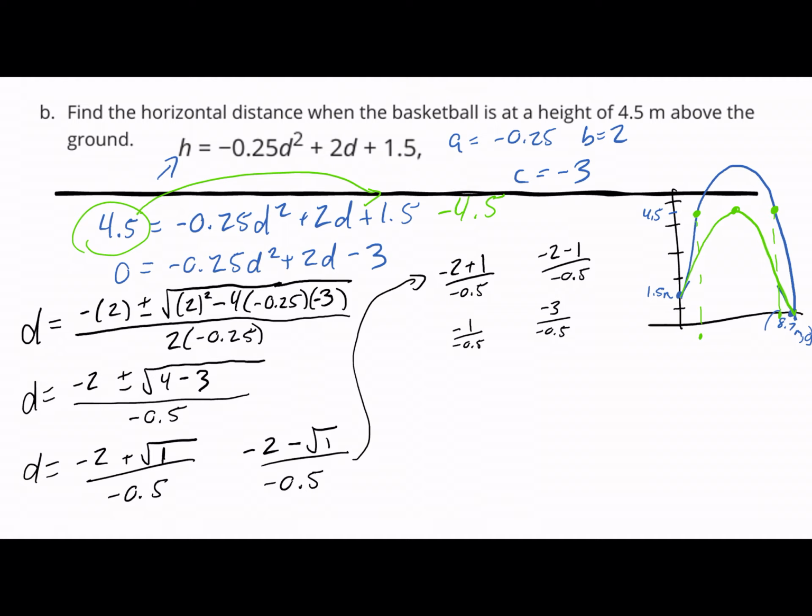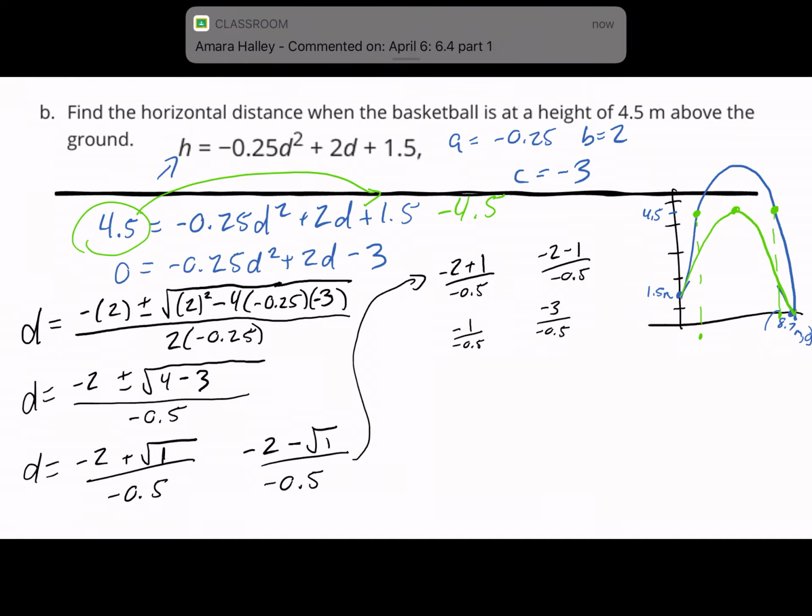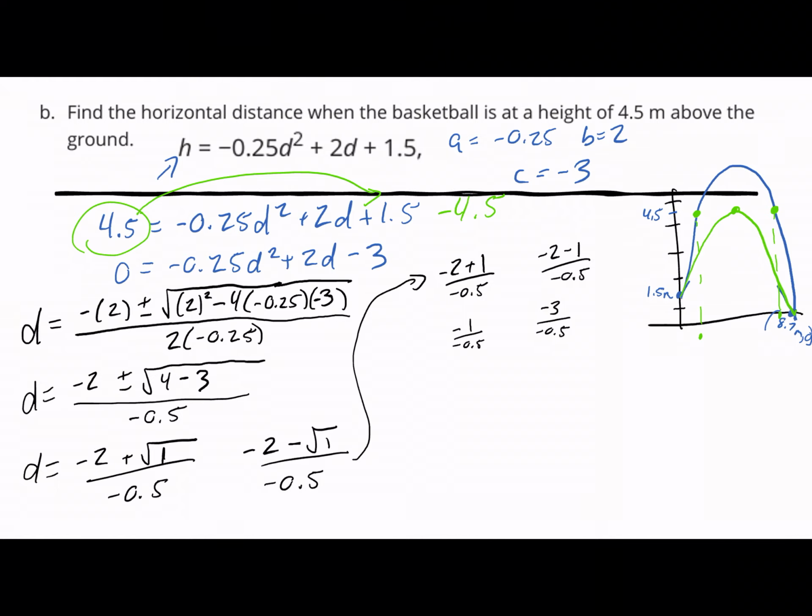So if we calculate those out, again, the negatives all cancel each other out. Negative divided by a negative equals positive. 1 divided by 1/2 is 2. 3 divided by 1/2 is 6. So these are both positive numbers.